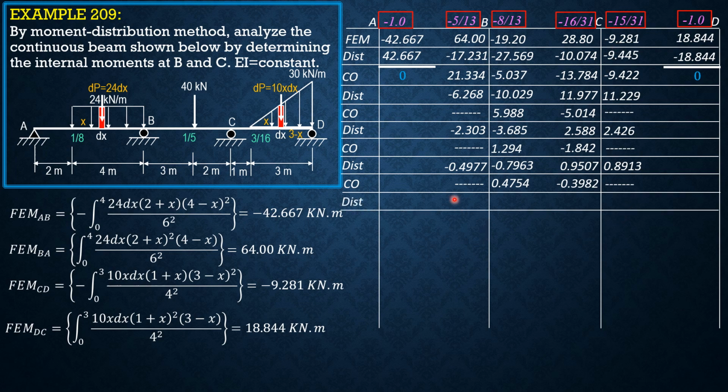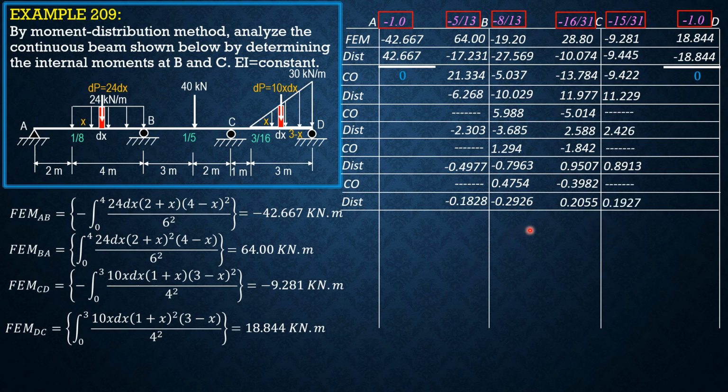Carry over, so let's continue. Let's still consider these as important unbalanced moments. So none here, half of 0.2055, half of negative 0.2926, then none.